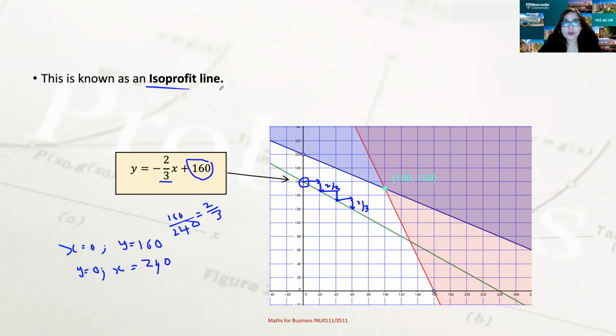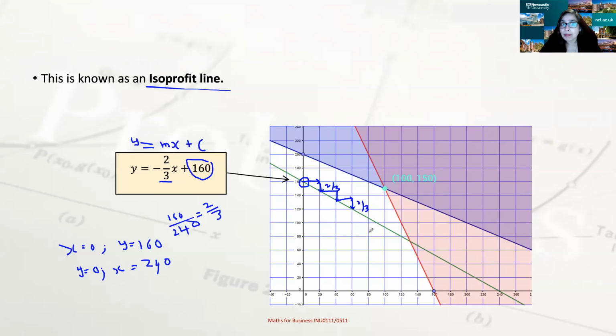It's called the isoprofit line. Now, if you change the profit, that means you're changing the value of C. Remember, guys, we saw that in week 5. If you increase or decrease the value of C, it will just be a straight line parallel to this green line, the isoprofit line.